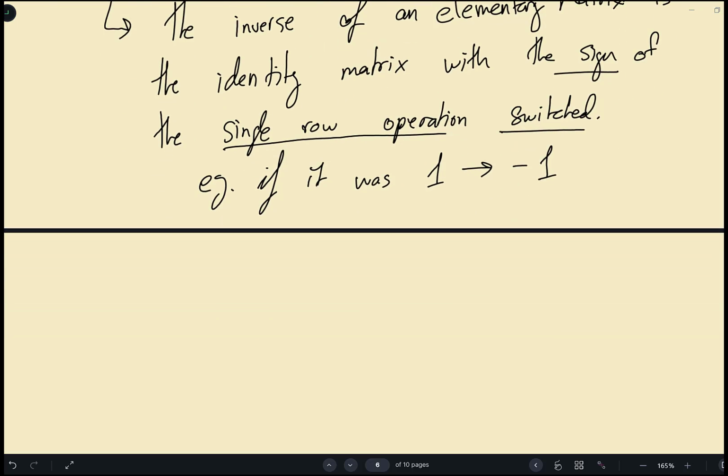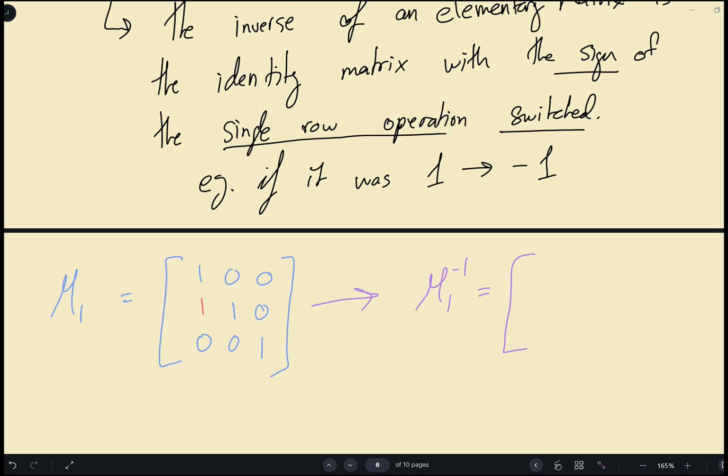So for M1, if you recall, it was 1, 1, 1, 0, 0, 0, and then we had a 1 here, and zeros everywhere else. The inverse, M1 inverse, is going to equal 1, 1, 1, 0, 0, 0, and the only thing we're changing is the sign, so we're going to have a -1 here instead, and this is the inverse.